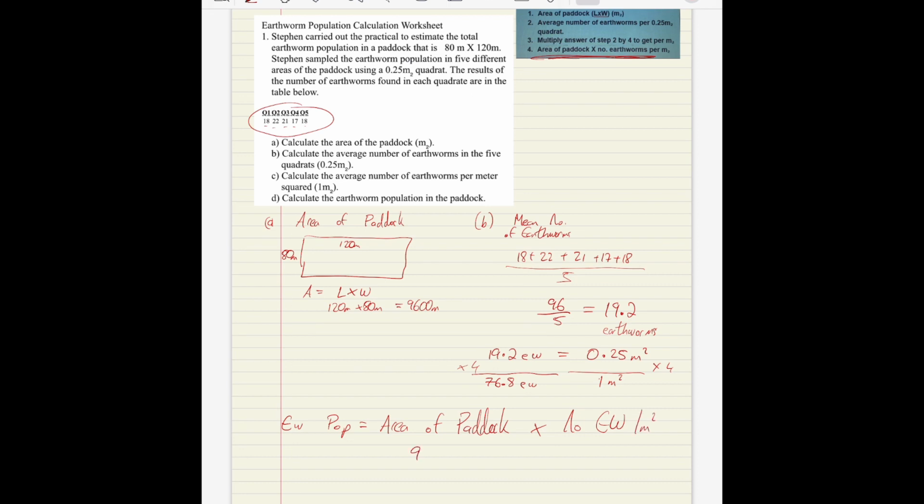The area of the paddock is 9600 meters, and the number of earthworms we have per meter is 76.8, and we multiply those out. You're delighted I have it done already. 737,280 earthworms. So that is an estimate of the number of earthworms in that paddock that Stephen calculated.